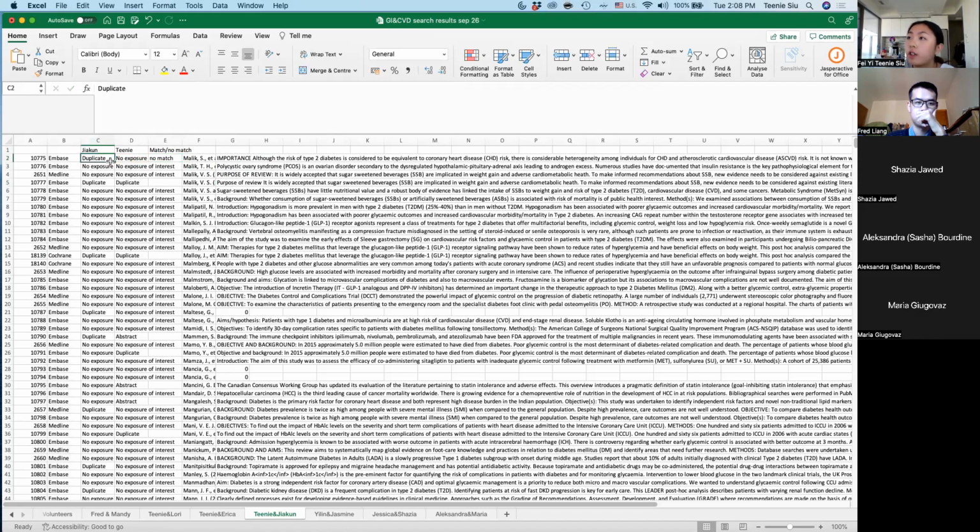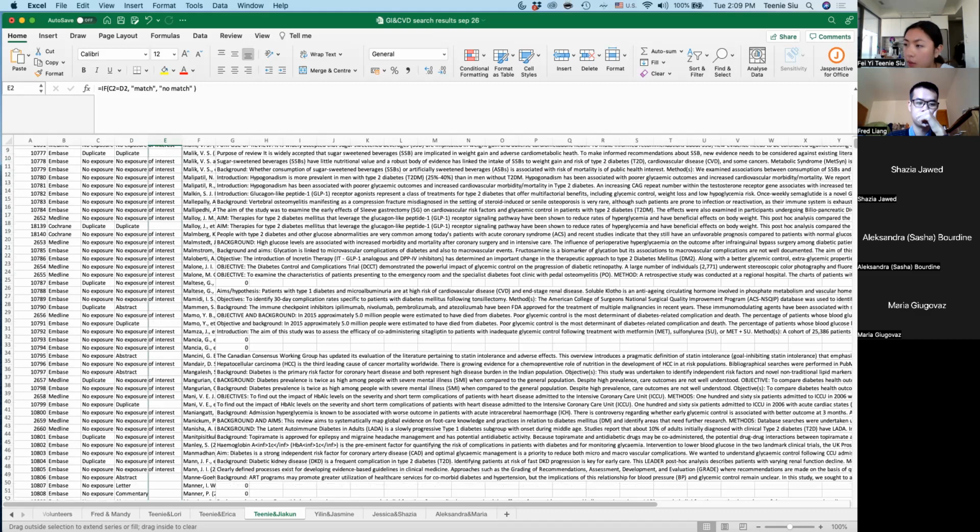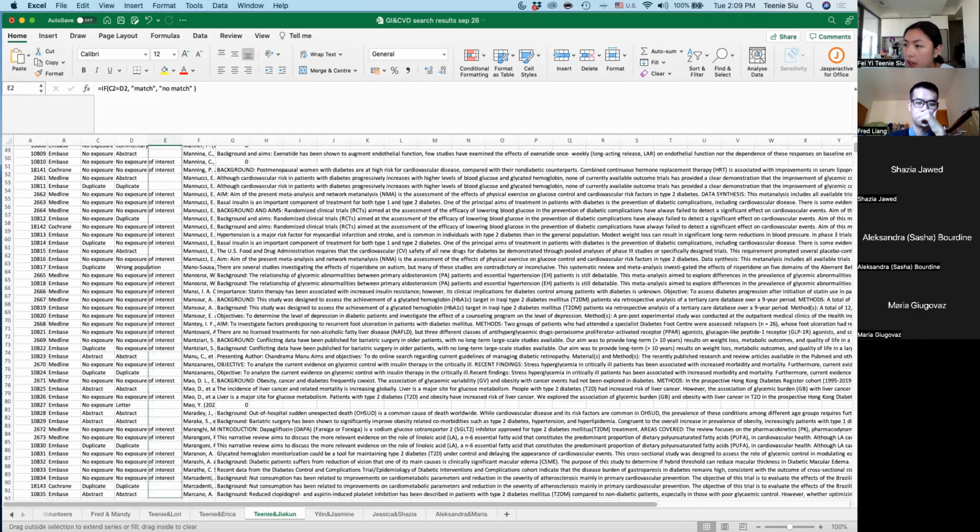So because our first one is different, it says no match. And then I can copy this code. There's like a plus sign and you just copy it all the way down.